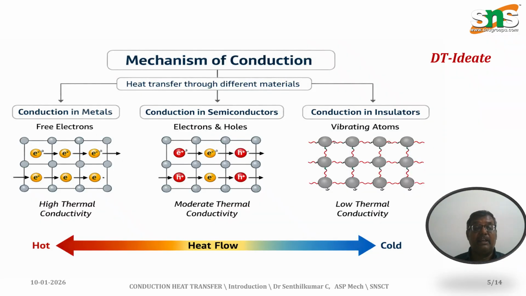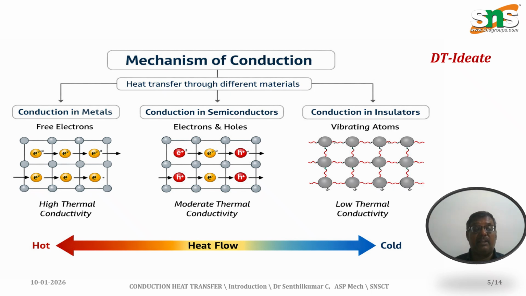First, let me see the mechanism of conduction. Conduction is nothing but transfer of heat between metal to metal. When the metal is transferring heat from one point to another point, that is said to be the conduction mode of heat transfer. What is the mechanism behind that? Conduction in metals takes place due to free electrons, which gives high thermal conductivity, for example copper, and another crystal is diamond.